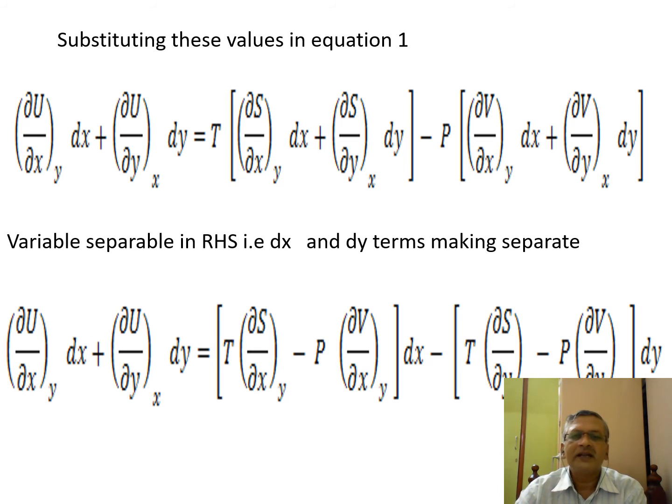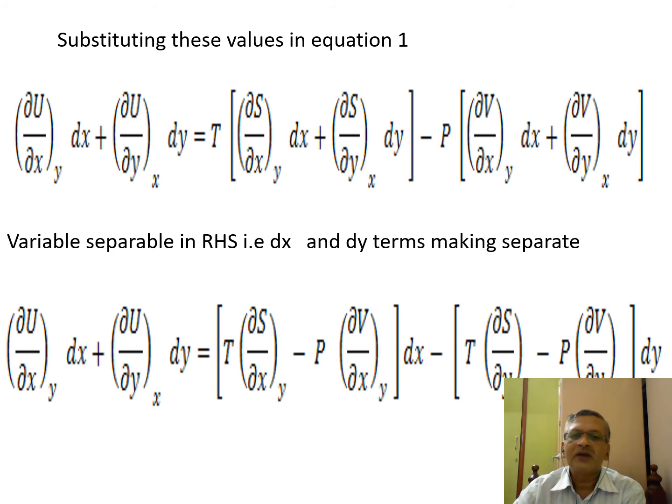We get T into dou S upon dou x keeping y constant minus P into dou V upon dou x keeping y constant, into dx, plus T into dou S upon dou y keeping x constant minus P into dou V upon dou y keeping x constant, into dy.